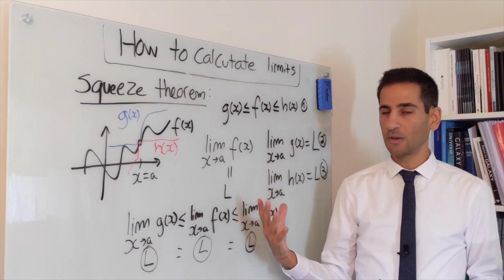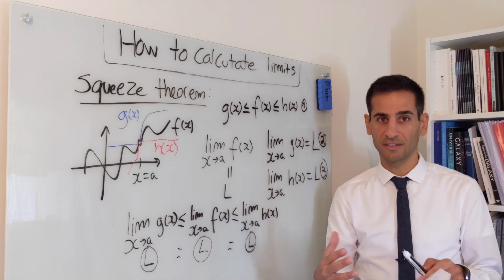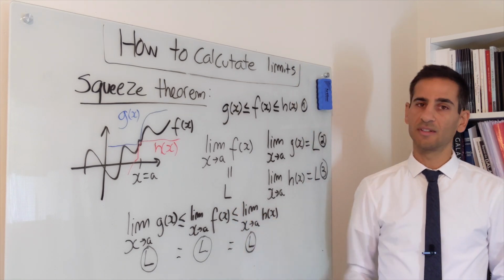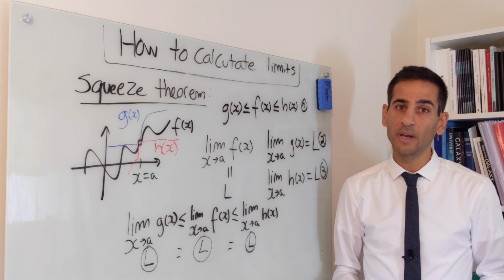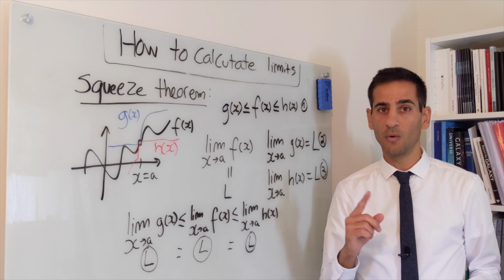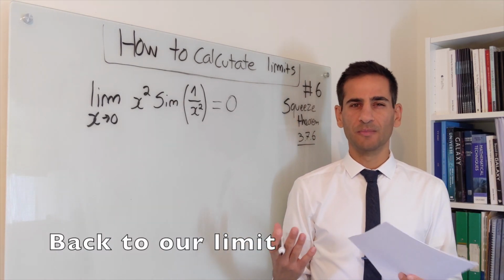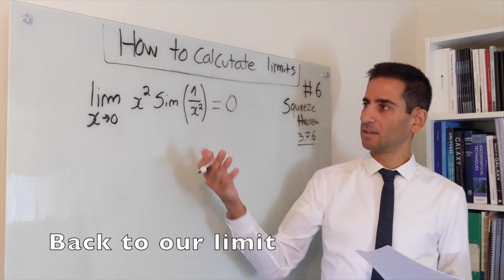And also when we look at fundamental limits, for example, sine x over x when x goes to 0, the squeeze theorem is actually a very neat way to prove that such a limit is actually 1, but we'll get there. Well, now that we know the basics of the squeeze theorem, let's try to solve this.